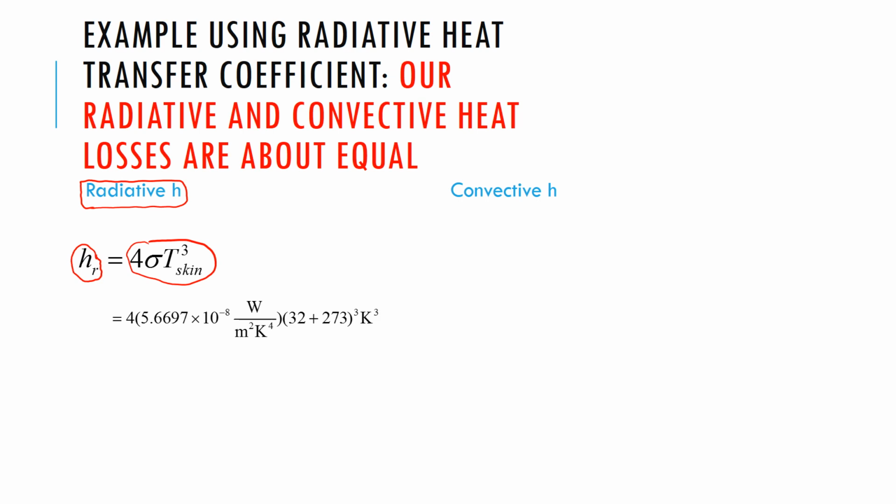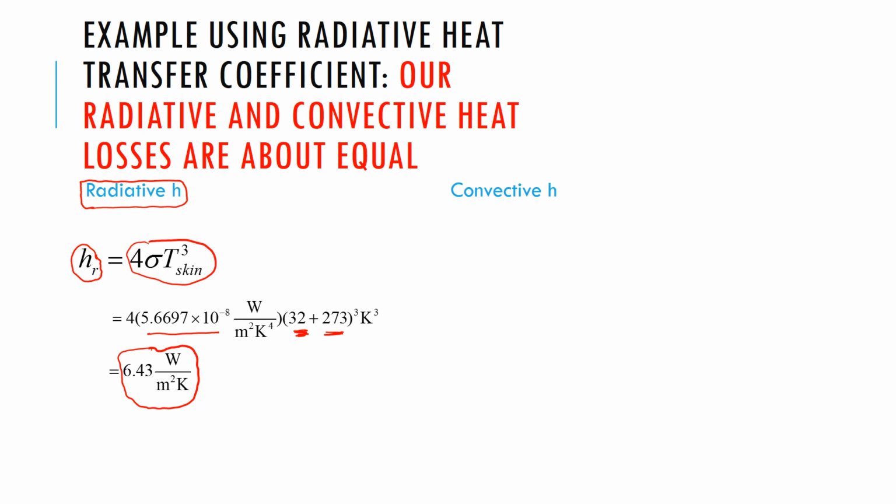If we take an approximate skin temperature of 32 degrees C, so remember our skin surface is cooler than the core body temperature, so if we plug in 32 plus 273, all these are quick approximate calculations, and plug in for sigma, this gives us a radiative heat transfer coefficient of about 6 or 7 watts per meter squared per degree Kelvin.